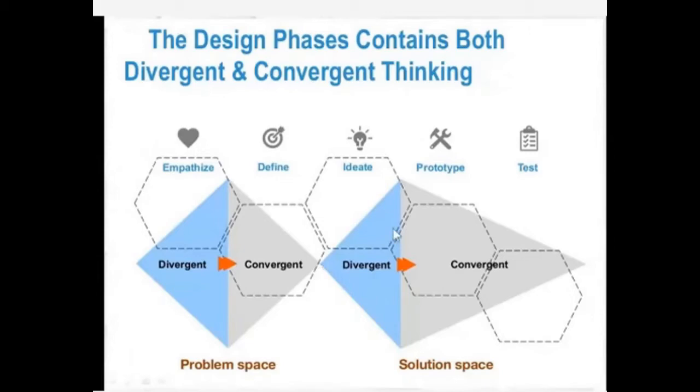Again expanding and narrowing down. This is called the double diamond approach. Your first diamond is the problem space and the second diamond is the solution space.